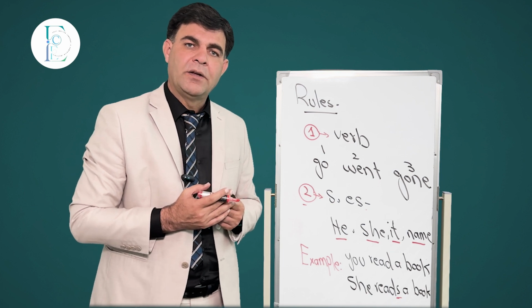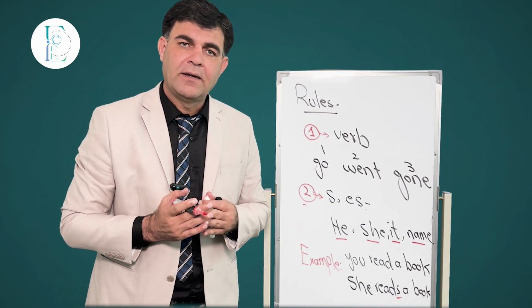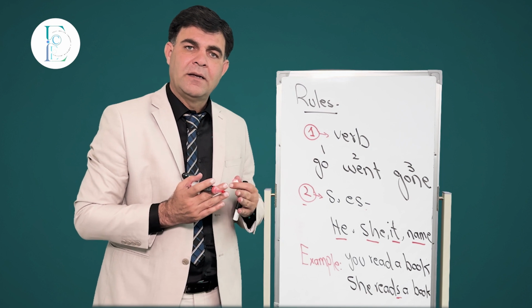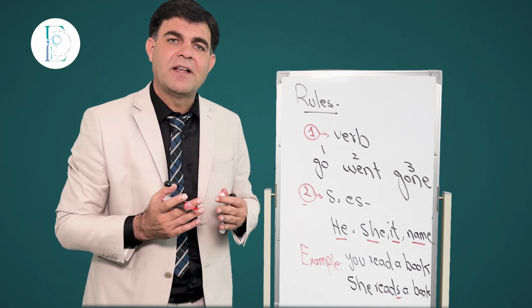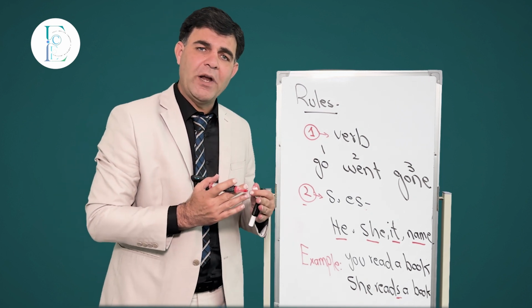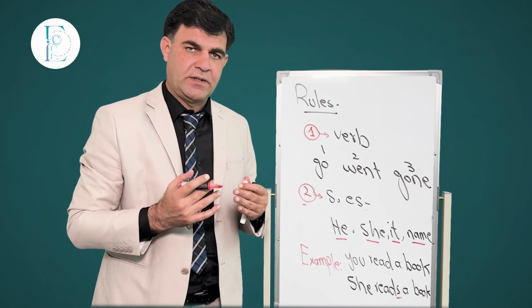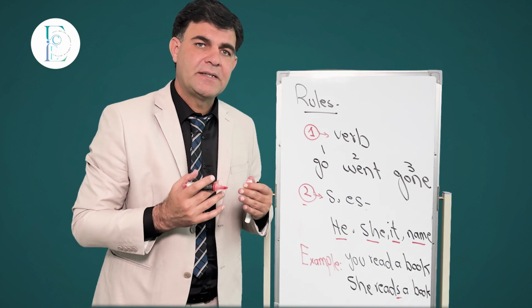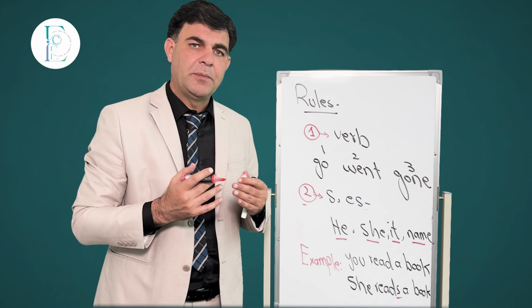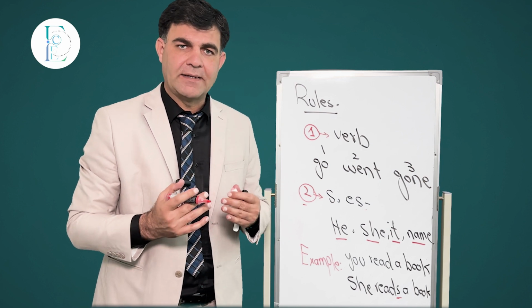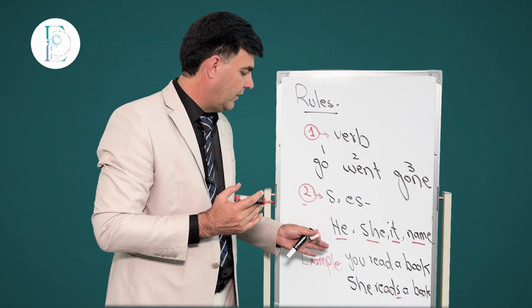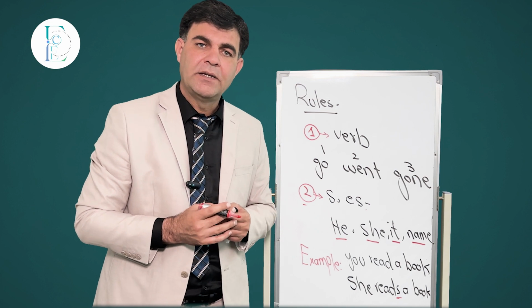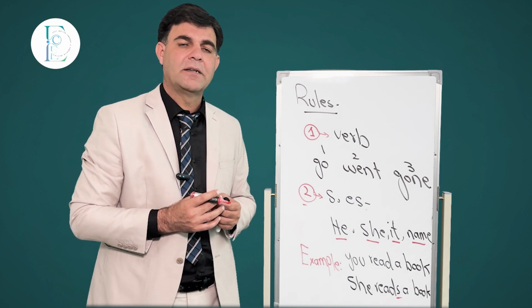They go for hunting, Sarah drives a car. So whenever we use present simple tense, we put S or ES with the verb when we use he, she, it, or a singular name.